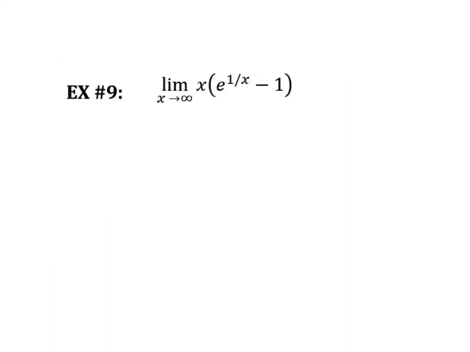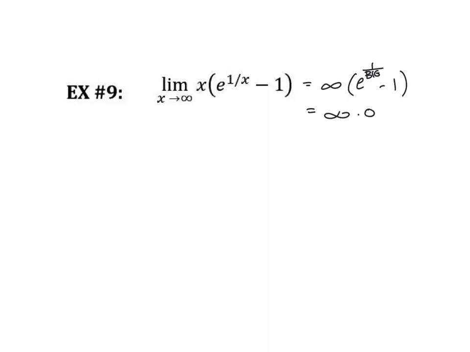Okay, so for our next problem, again, let's go ahead and apply what we have. So it looks like here we're going to have infinity times e to the 1 over really big, or infinity, and then minus 1. So it looks like we're going to end up with infinity times 0.